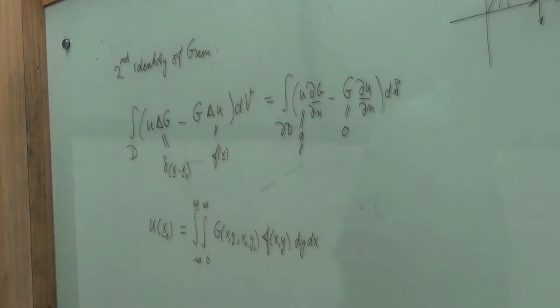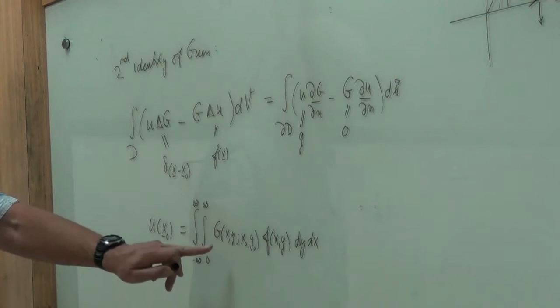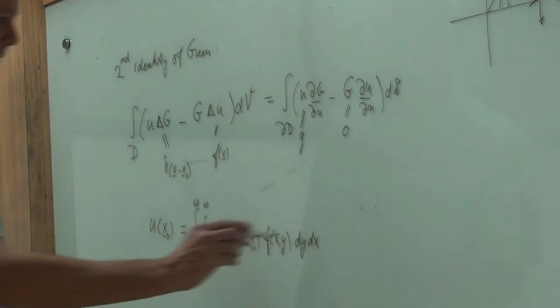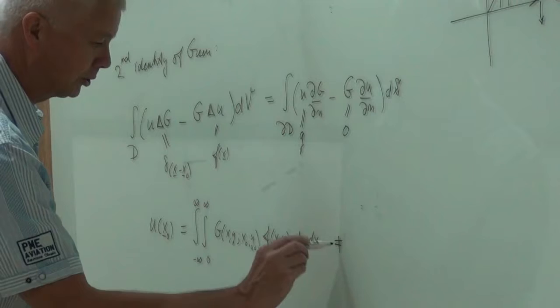That's the g that we constructed over there. I'm too lazy to write down 4 times 1 over 2 pi logarithm, etcetera. Then you integrate with respect to x and y, running over these variables.